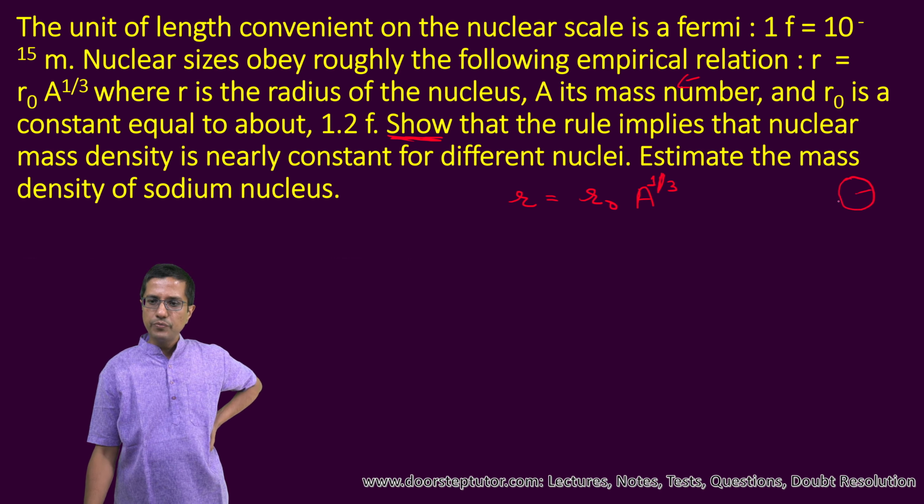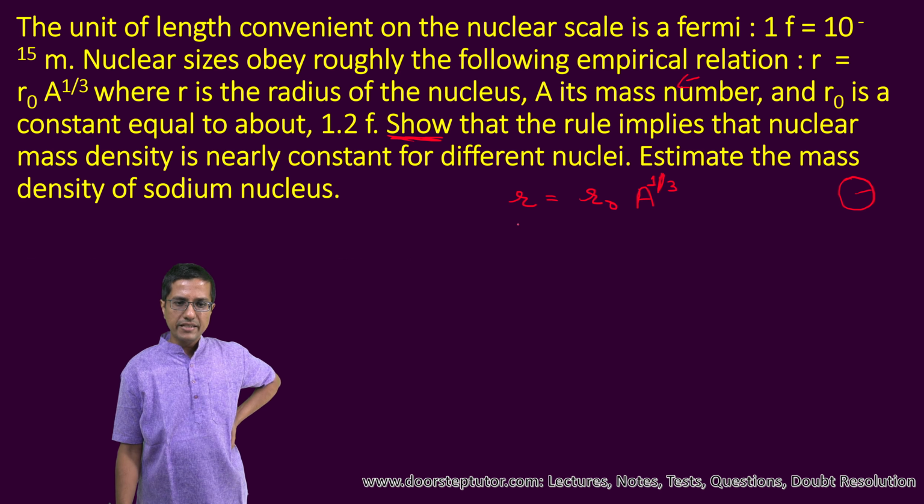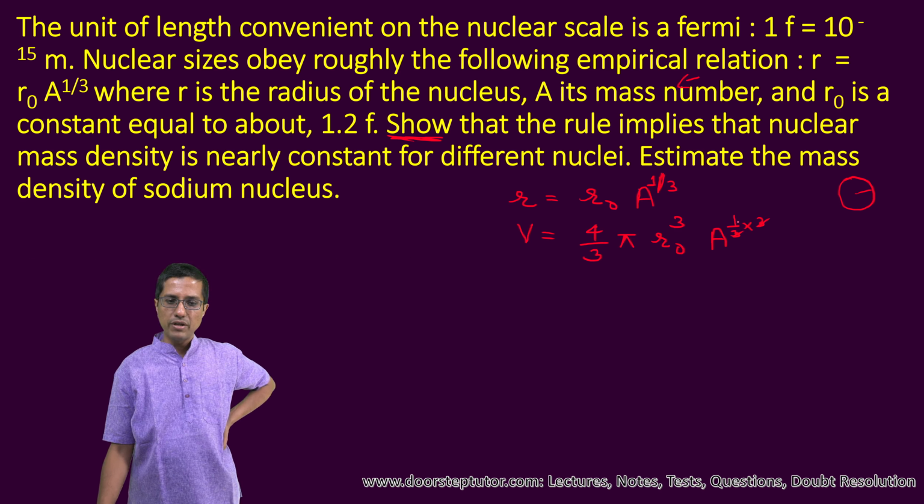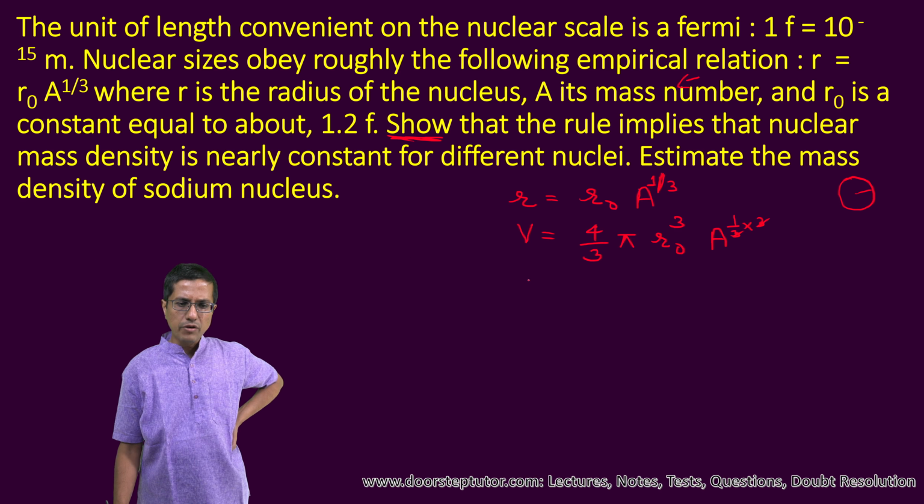Again, if we assume the nucleus to be a sphere, then the volume of the nucleus comes out to be 4 by 3 pi, we cube this, R0 cube, and here we will have A raised to power 1 by 3, cubed. The power 1 by 3 multiplied by 3 cancels, so this will be A raised to power 1. So this is the volume. What about the mass?